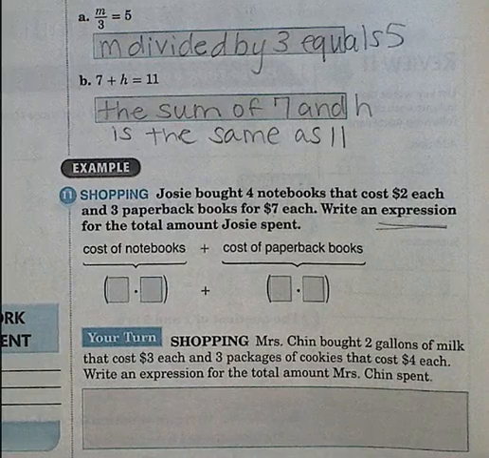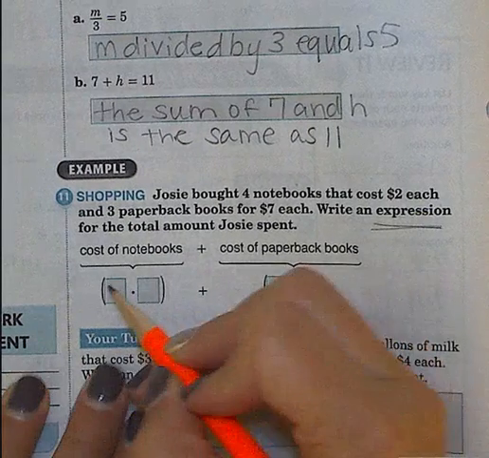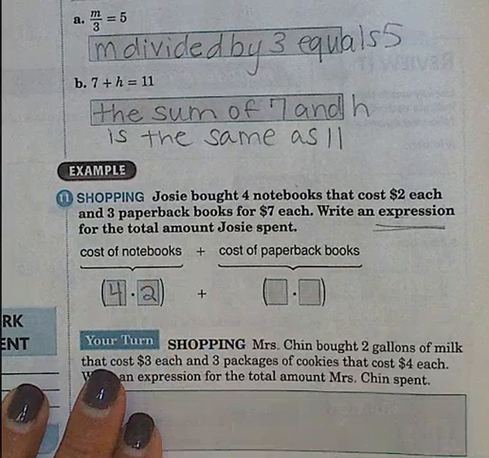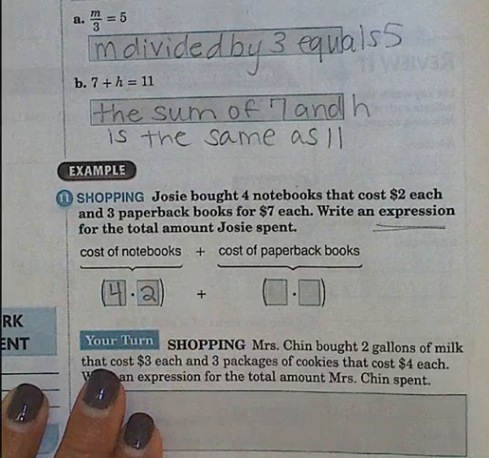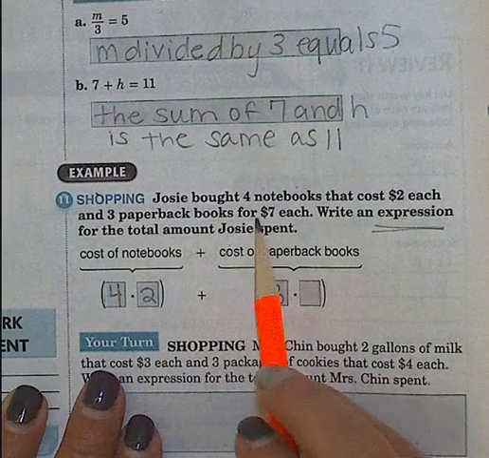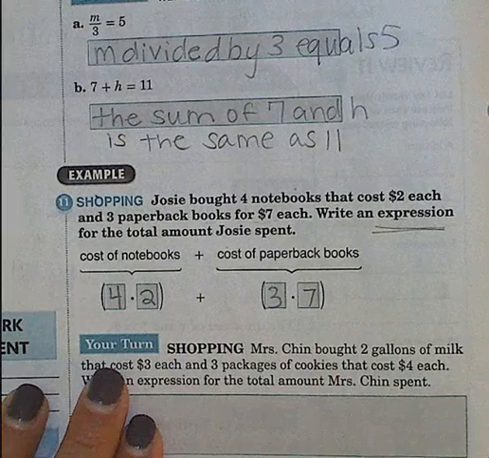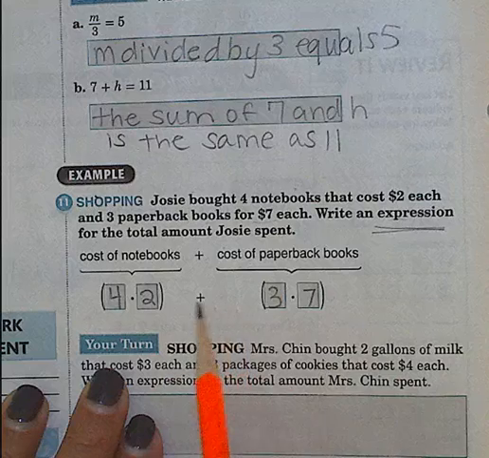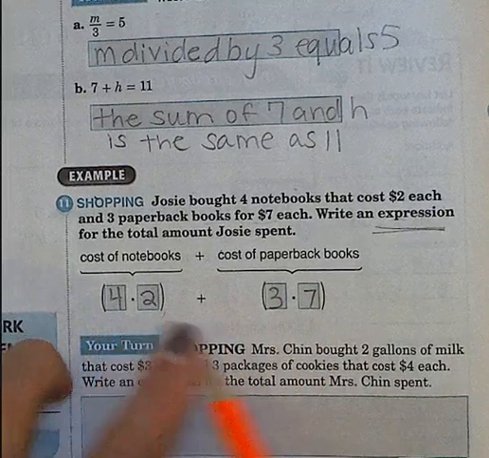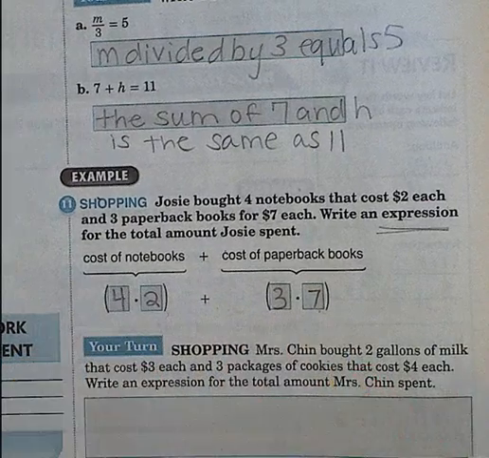She got 4 notebooks at $2 each, and 3 paperback books at $7 each, and we're done. Right there, we have 4 times 2 plus 3 times 7. We could say the product of 4 and 2 increased by the product of 3 and 7.